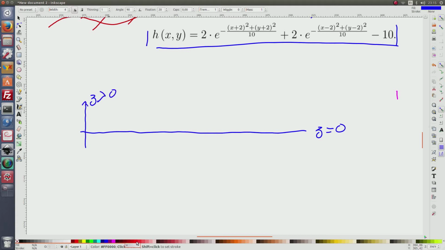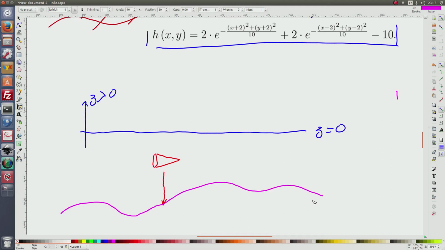The robot is under the water. It is able to see just in the direction of the sea bottom. The sea bottom is represented here. We know the equation only for the simulation, but of course the robot does not know anything.